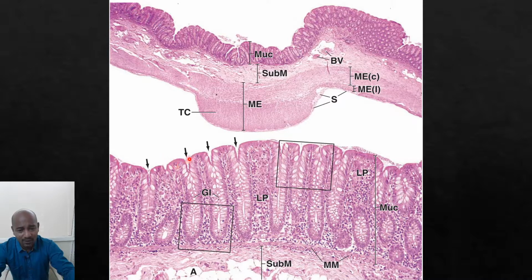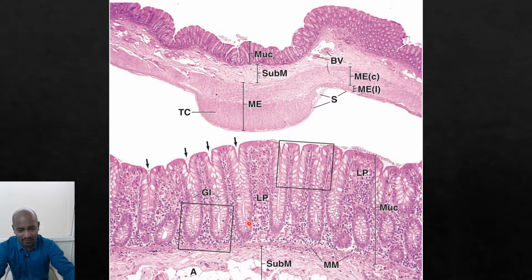So if you look at the mucosa, you can see it is kind of smooth, but it has regularly placed intestinal glands, or openings of intestinal glands are regularly placed, and if you follow the intestinal openings, you enter the intestinal glands. So these are called the crypts of Lieberkühn, which are lined by mainly two or three types of cells.